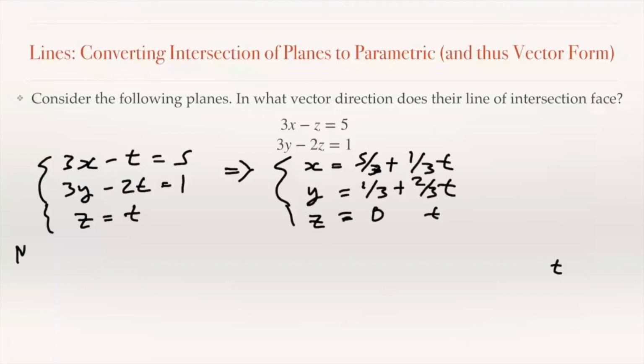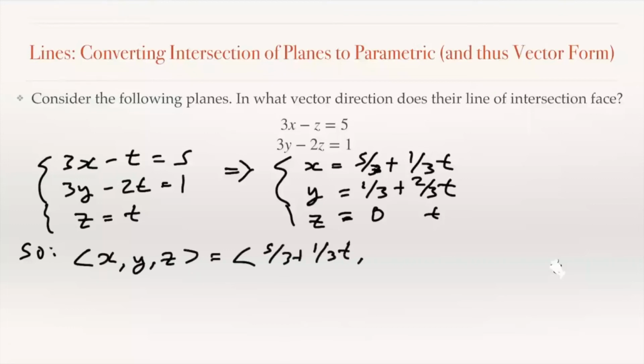and now we have that, expressing this as a vector equation, x, y, z is all of this. So x is that, the y component is that, and the z component is this.